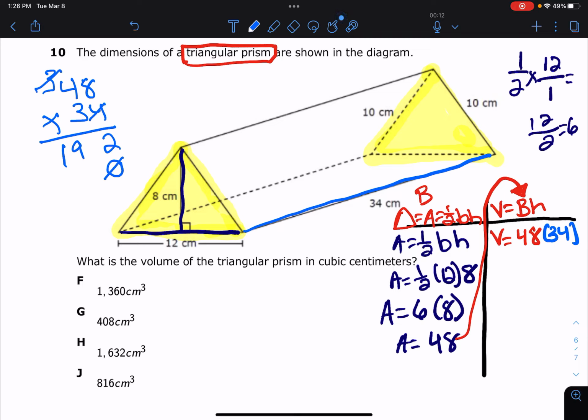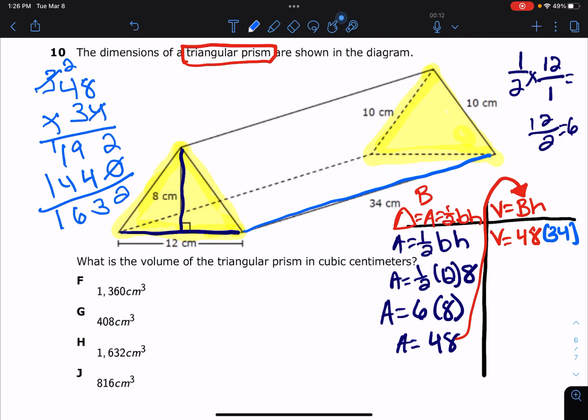Cross out the 3. 3 times 8 is 24. Carry your 2. 3 times 4. If you said 12, that's correct. Plus 2 is 14. So 9 plus 4 is 13. Carry your 1. 1 plus 1 is 2 plus 4 is 6.